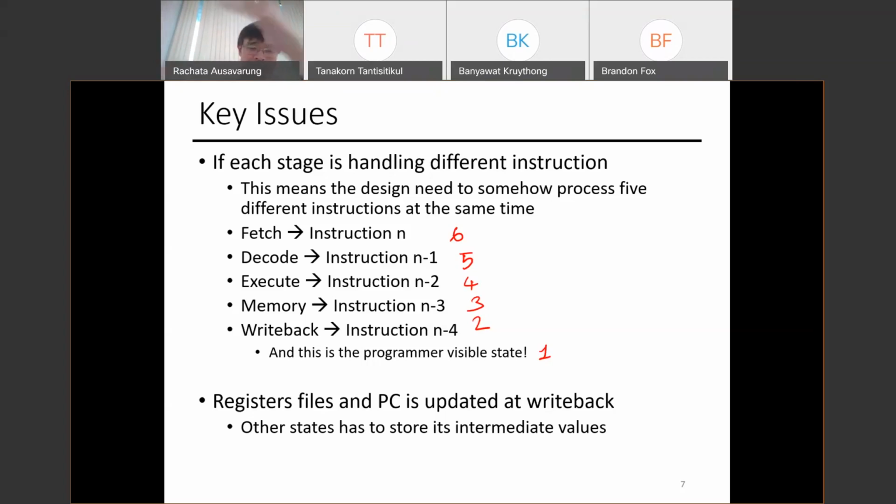Does it answer your question? I just want to make sure that it's clear for you. Okay, cool. So basically you want to see the full changes, the full I-finished-processing-this-instruction. That should be what is visible to the programmer. We'll discuss this in more detail in the next 2 weeks.